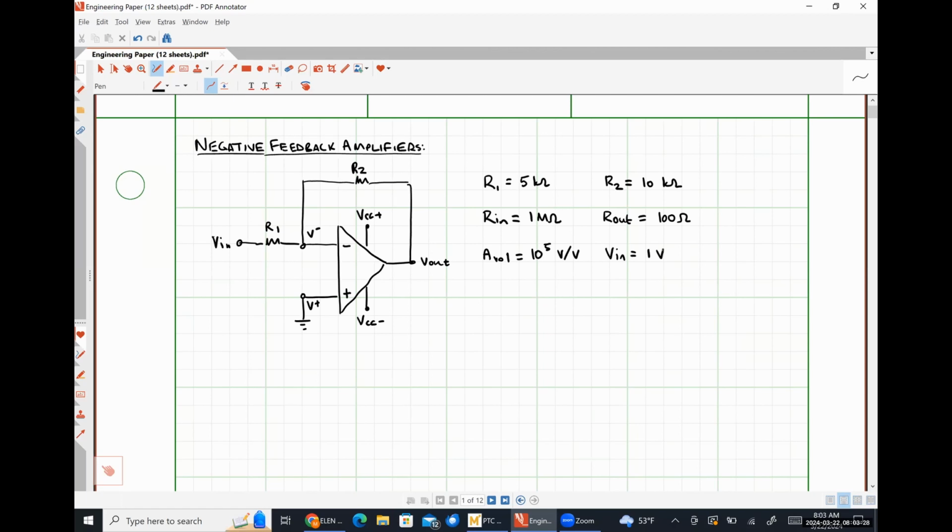Realistically, I just want to clarify something here. Negative feedback amplifiers aren't really used to amplify DC signals too much because that's really wildly boring. So negative feedback amplifiers are used in what's called analog signal processing.